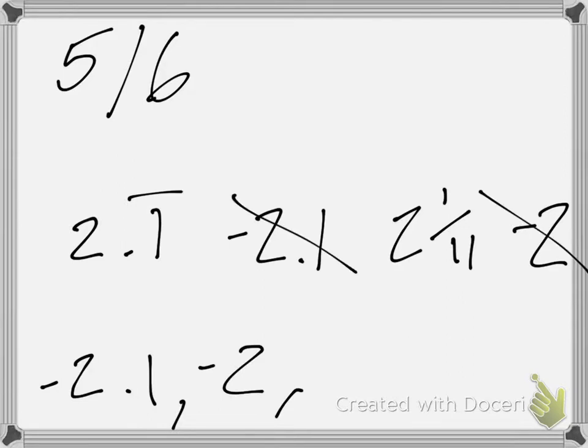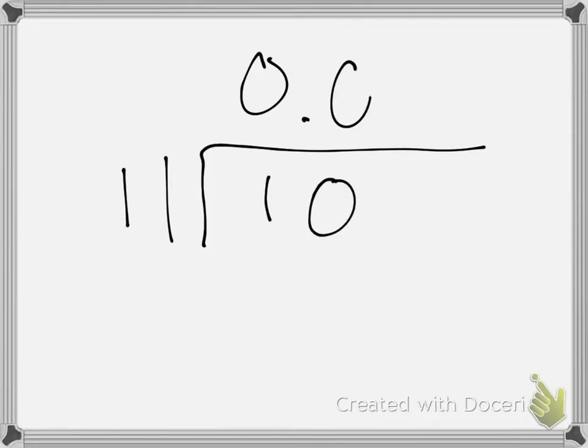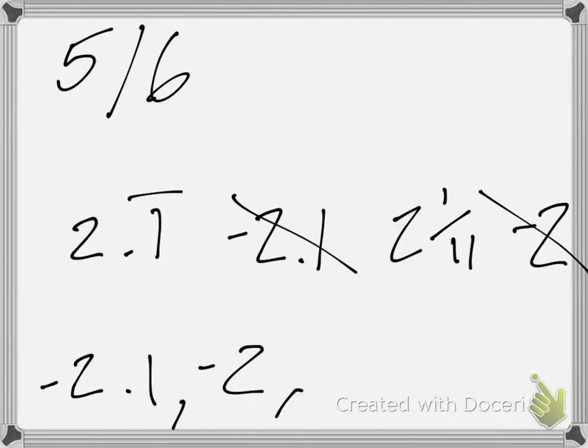Now, these ones are in different format. This is 2.1 going on forever, and this is 2 and 1/11. So we have to figure out what 1/11th is equal to. So we carry on. It goes in 0 times, we do our 0. It goes in another 0 times, we do another 0. Even if it goes in whatever amount of times, this one's already 2.1 exactly.